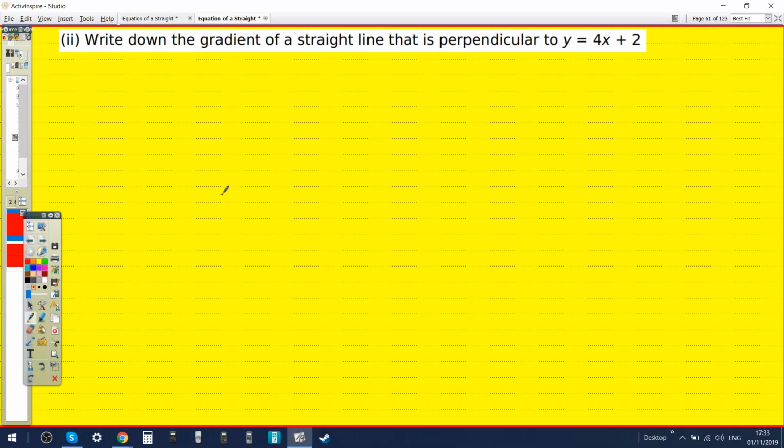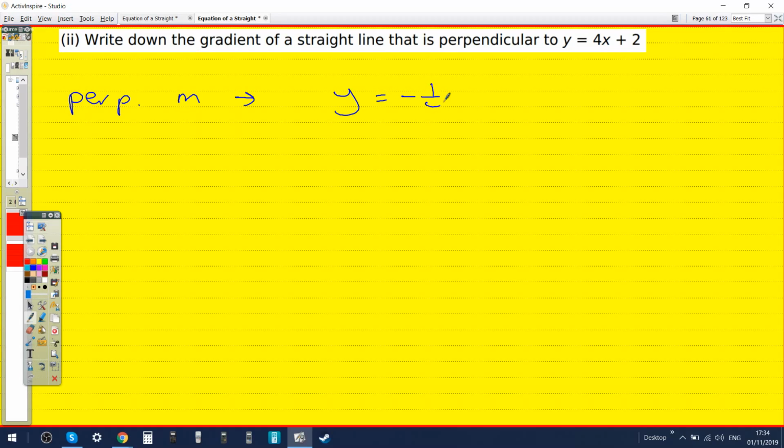I forgot perpendicular. Do you have to put the negative reciprocal of the gradient? Yep. So y equals minus a quarter x plus 2.